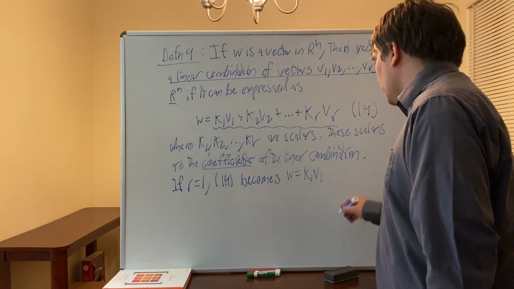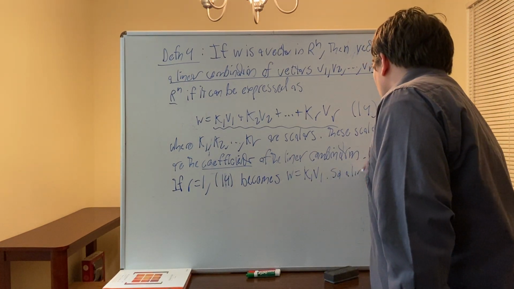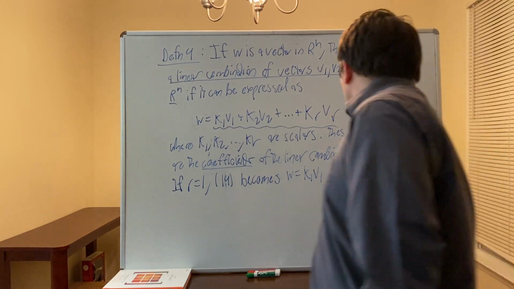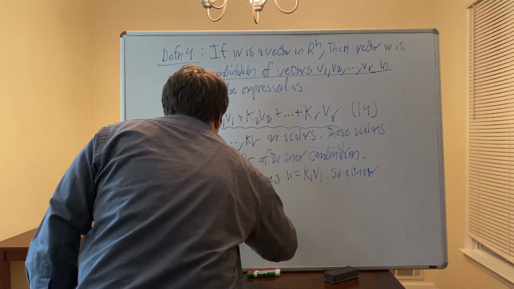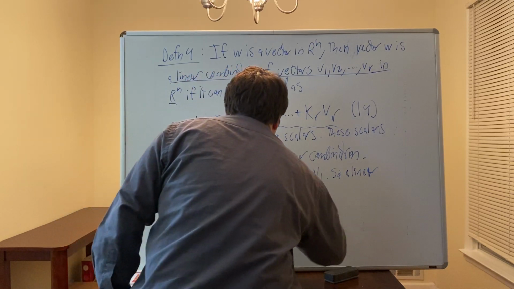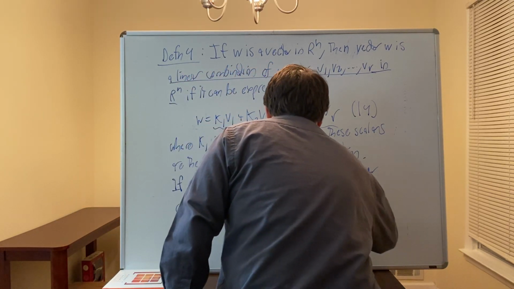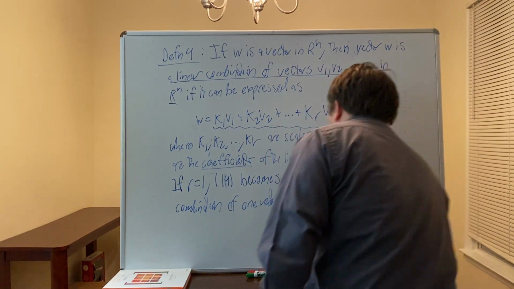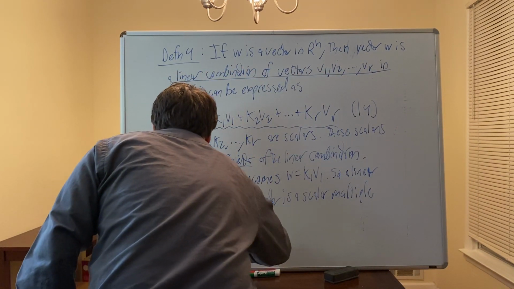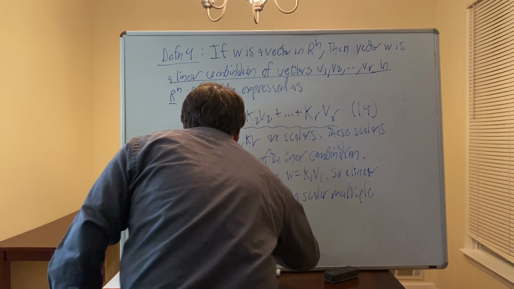So a linear combination of one vector is a scalar multiple of that vector. Good.